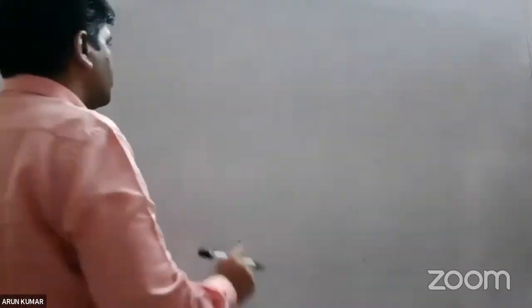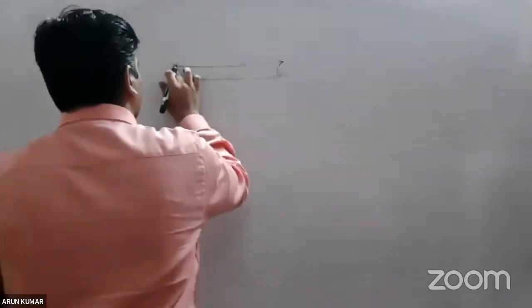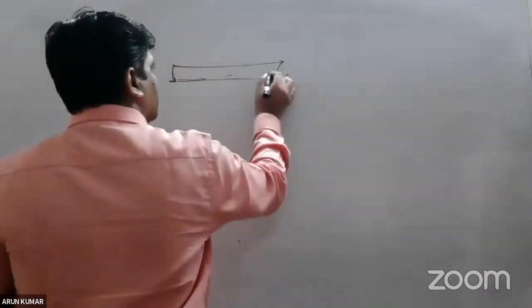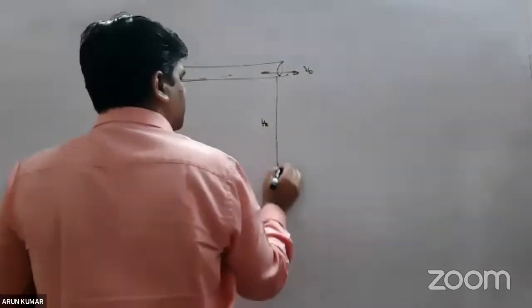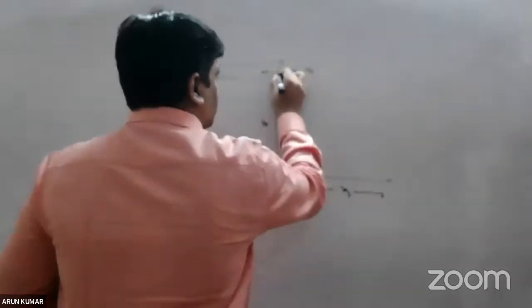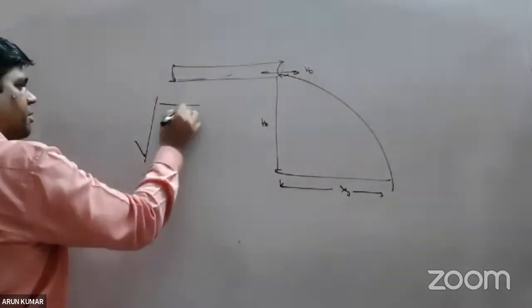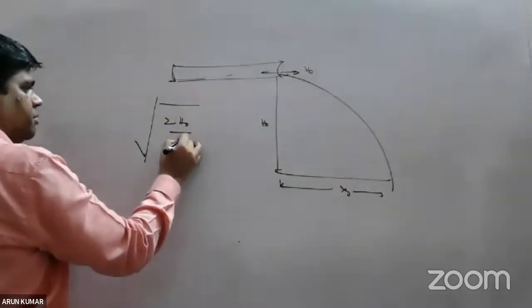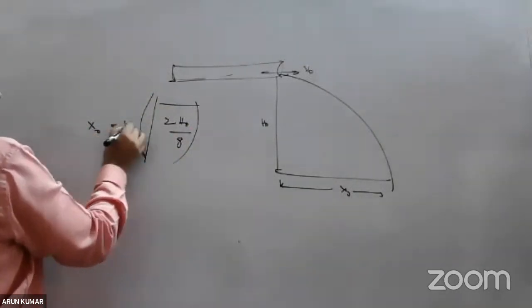There's a pipe through which water is flowing. Let the water come out with velocity v naught. Height is h naught. Horizontal distance covered is x naught. So in time of root of 2h by g, with the velocity of v naught, it's covering a distance of x naught.